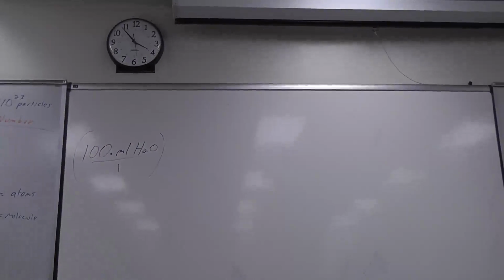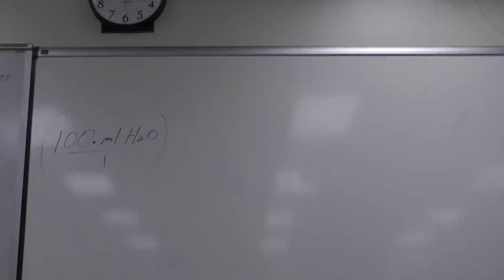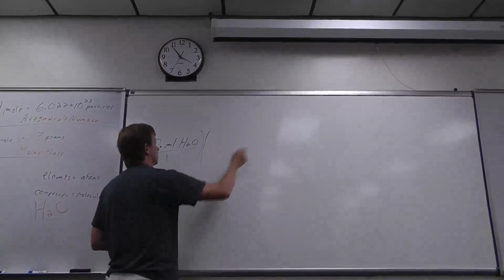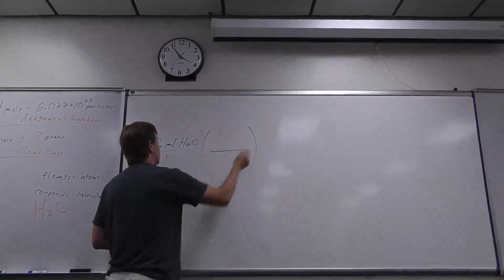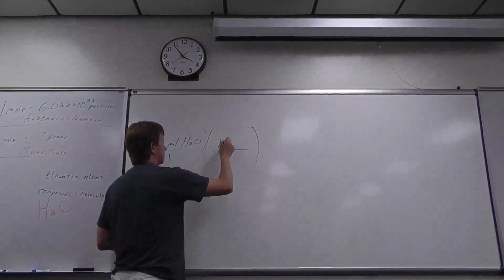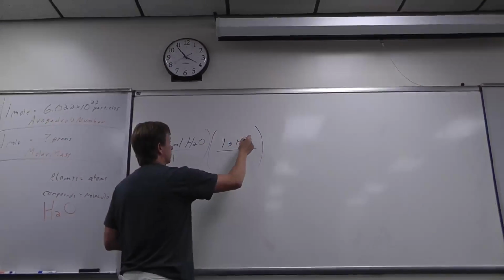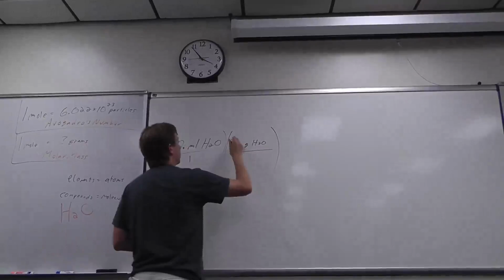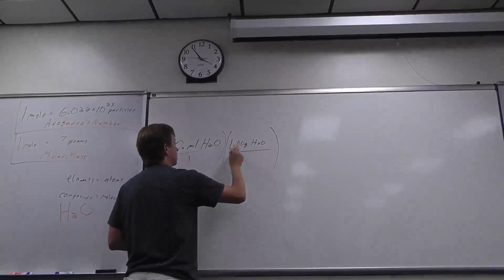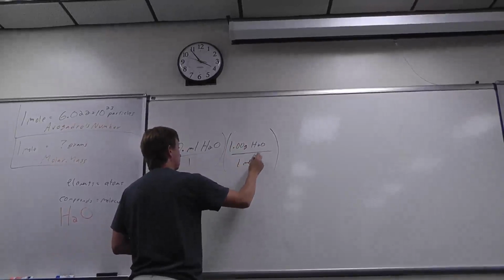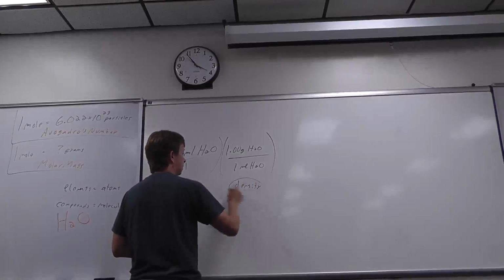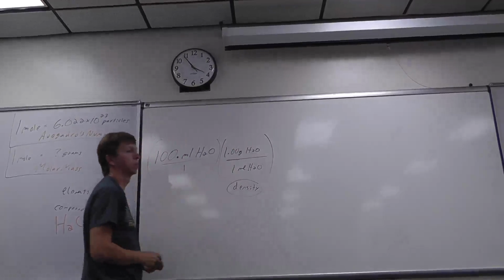We want to know how many atoms of oxygen are present in that 100 milliliters of water. You're given the density as being 1 gram per milliliter. This is your density relationship. Density relates mass to volume.